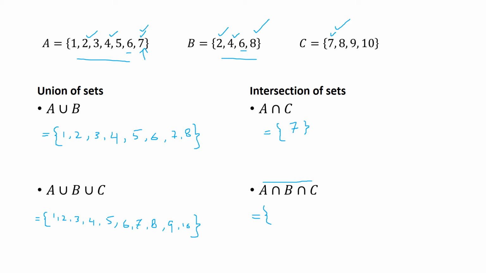In this situation, we say that they don't have common elements. 6 is common in A and B, and 8 is common in B and C. So they are common in two of the sets. We need something common in all of them. We didn't find anything, so we say they don't have any common element, so the intersection is empty.